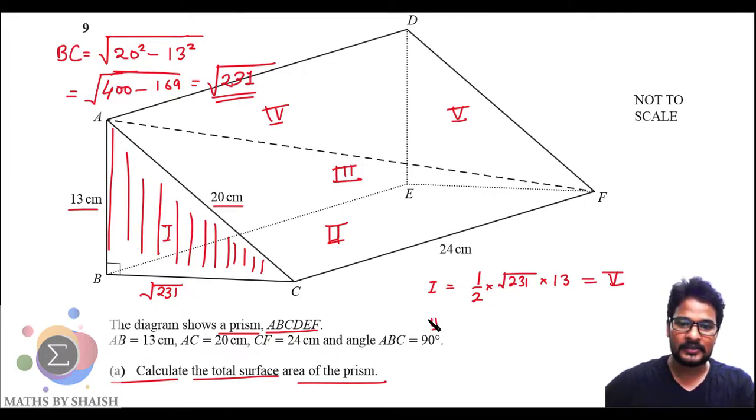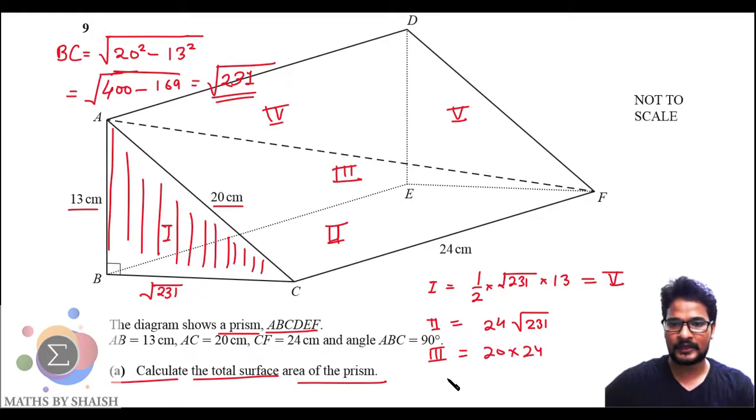Next is the second. Second is this base, for which we have length 24, and this rectangle area is 24 into root 231. And then the third face is this slanted one, that is 20 and 24, so it is 20 into 24, a rectangle of course. And then the fourth one we have is this, so that is 24 into 13.